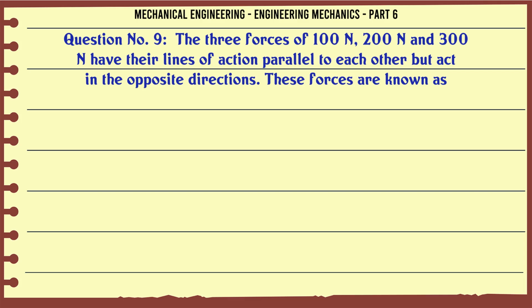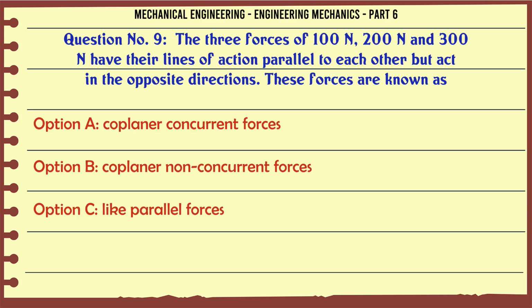The three forces of 100 N, 200 N and 300 N have their lines of action parallel to each other but act in the opposite directions. These forces are known as: A) coplanar concurrent forces, B) coplanar non-concurrent forces, C) like parallel forces, D) unlike parallel forces.